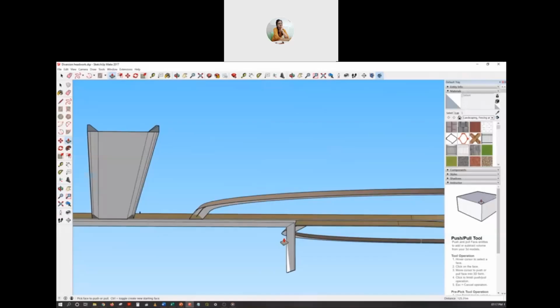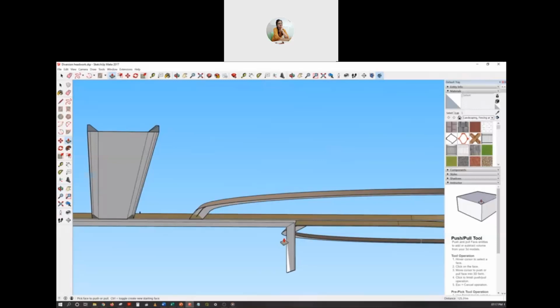So this will be an underground wall or sheet, so that when water enters here, it cannot directly flow horizontally. It has to go down a little bit, then again come up, then only it can flow horizontally.